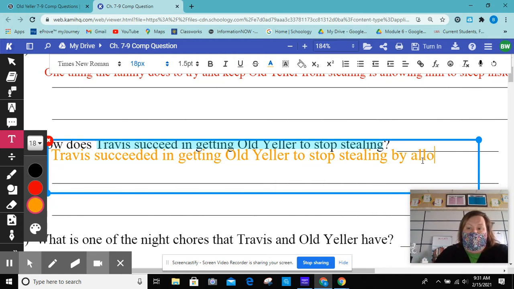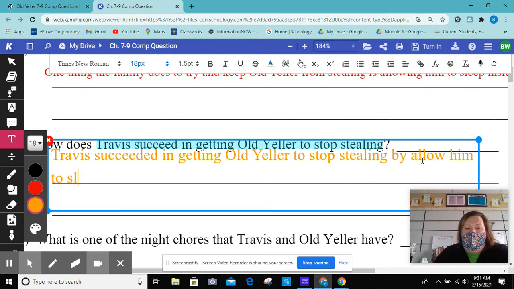They allow him to sleep inside, and what else? They are keeping a more watchful eye on him.